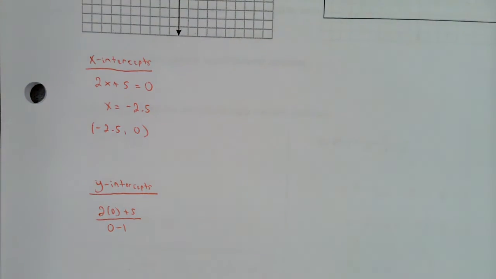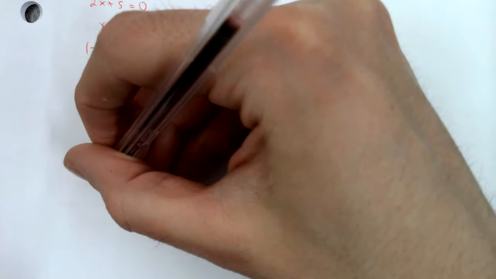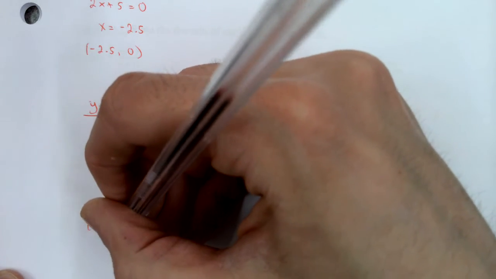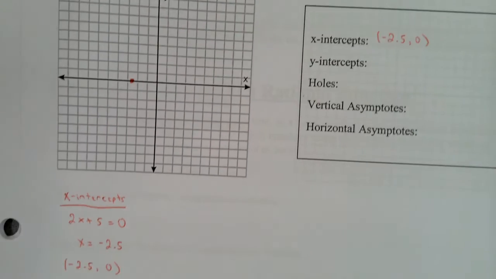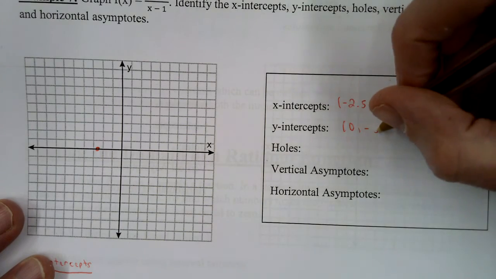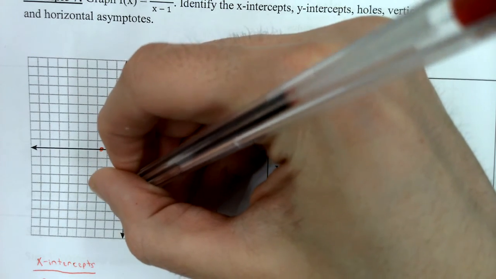Five over negative 1. Equals negative 5, so the y-intercept will be 0, negative 5. Label that right here. And let's graph that. That way we don't forget.